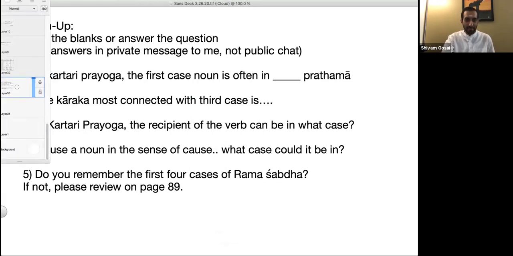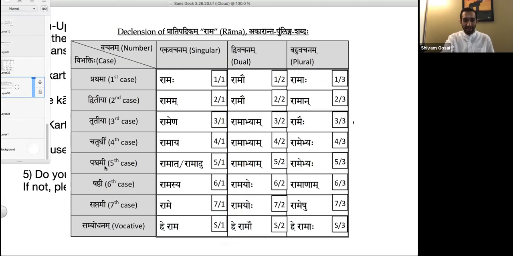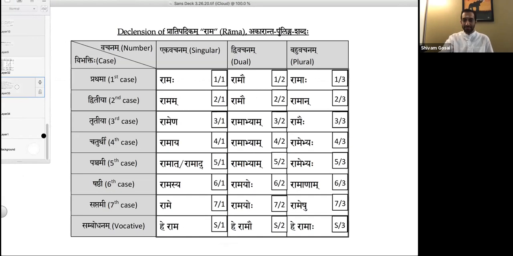Okay, so you have Rama Shabda there. Let's go through it together. We'll start from the beginning. You can close your eyes if you think you know it. Ramaha, Ramo, Ramaha. You can chant with me. Ramam, Ramo, Raman. Ramena, Ramabhyam, Ramaihi.